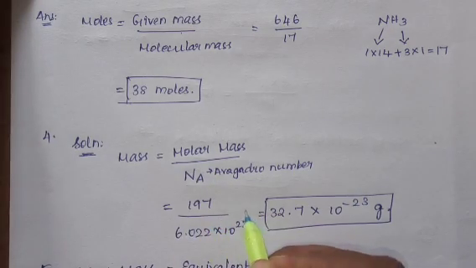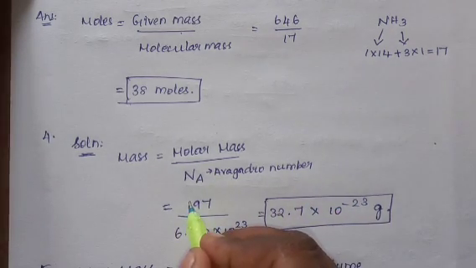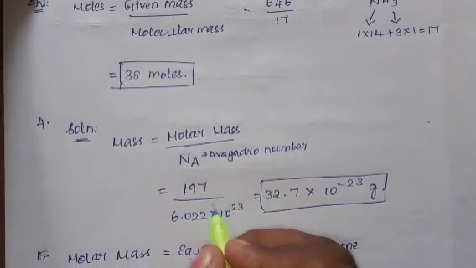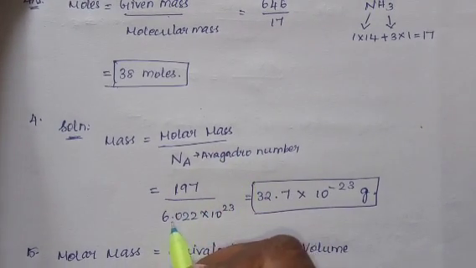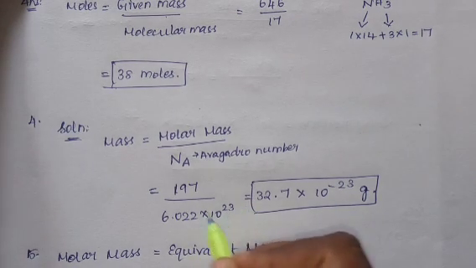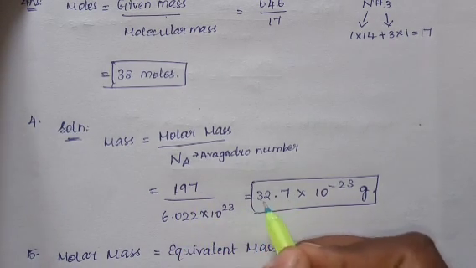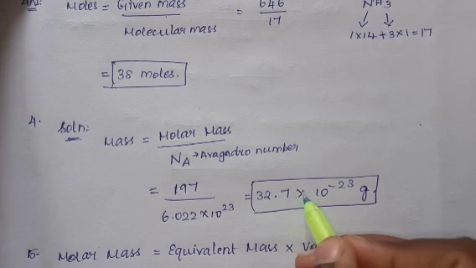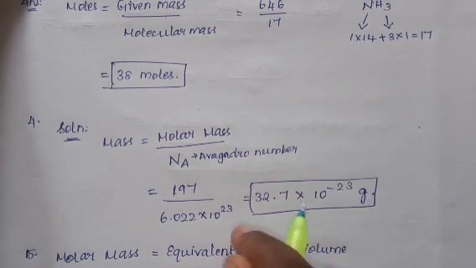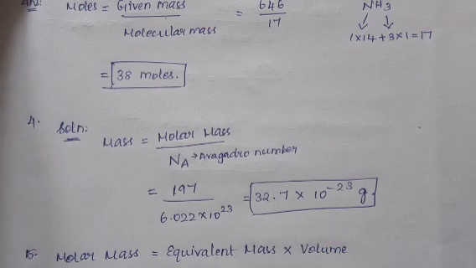The molar mass of gold is 197, divided by Avogadro number, 6.022 into 10 power 23. While cancelling, we get the answer 32.7 into 10 power minus 23 gram. So this is the answer.